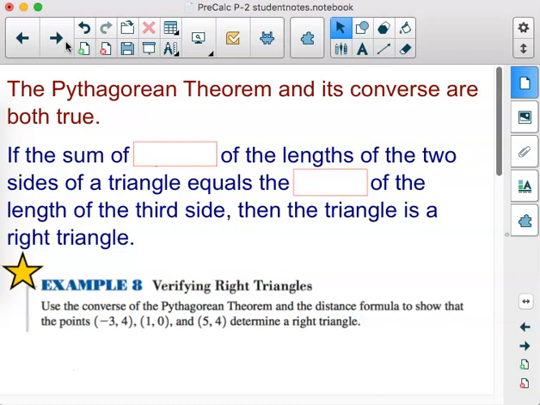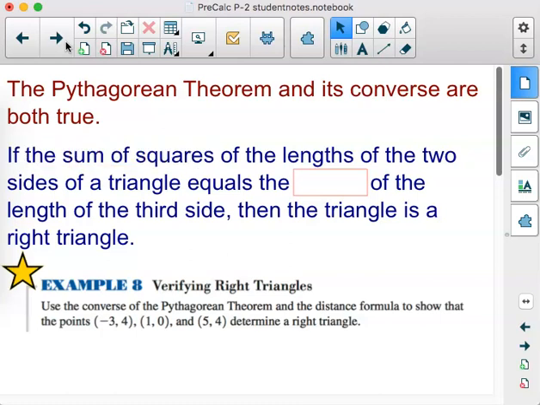If you flip that around, if you flip the if and the then part, you have a converse. So this is saying the Pythagorean theorem in any right triangle, a squared plus b squared equals c squared, where c is the length of the hypotenuse, can be turned around and say, if you do a squared plus b squared equals c squared, where c is the hypotenuse, and it works, then it's a right triangle. So that's its converse. The if and the then pieces are switched.